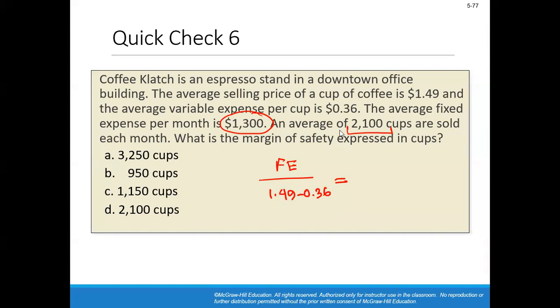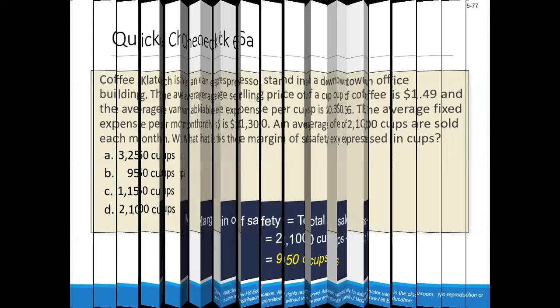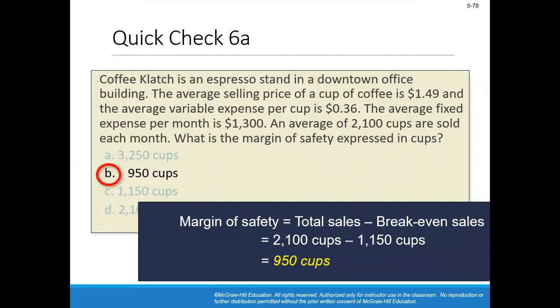Okay, the answer is B. So we see that the fixed expense of 1,300 over this contribution margin, 1.49 minus 0.36. Is it this amount? Yes, no?